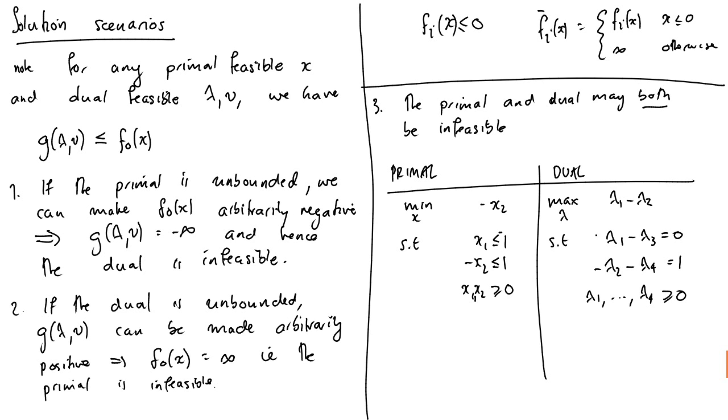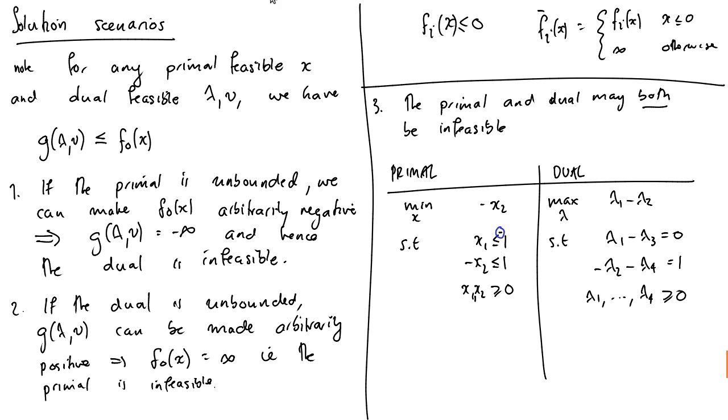We can't find an x1 that satisfies both of those constraints. And likewise our dual, you can derive that for yourself. We can't have negative lambda 2 minus lambda 4 equals 1 with lambda 1 through to lambda 4 being non-negative. That's not possible. So in this situation we've got a primal and a dual, both of which are infeasible.